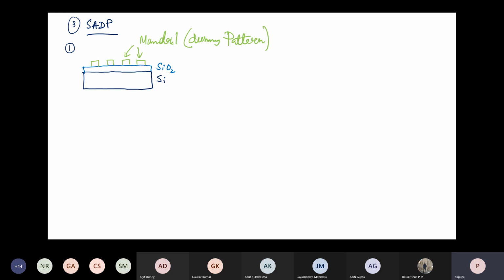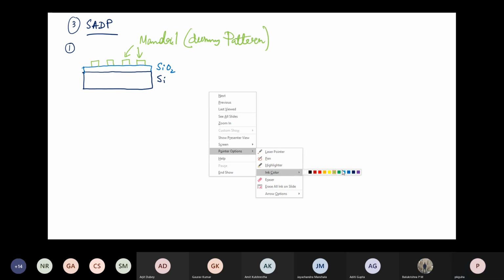A conformal layer is a layer which basically follows the shape of this mandrel. So we deposit a conformal layer of dielectric silicon nitride.